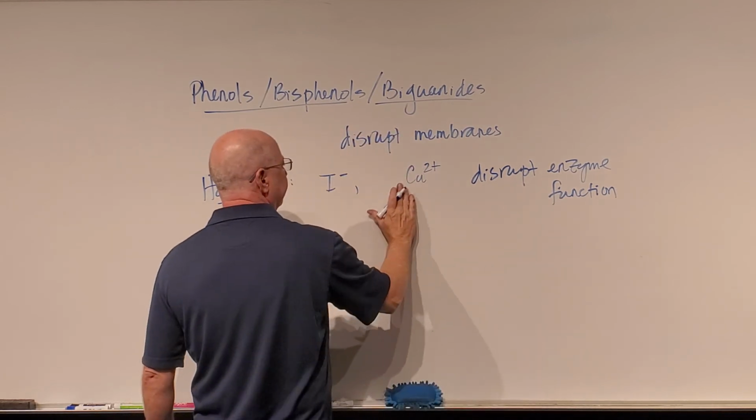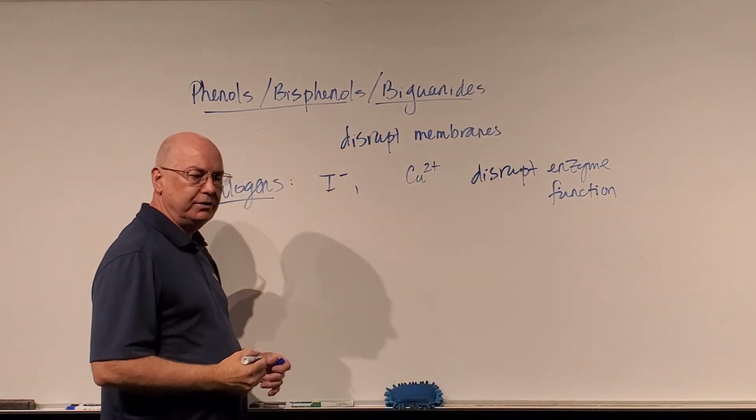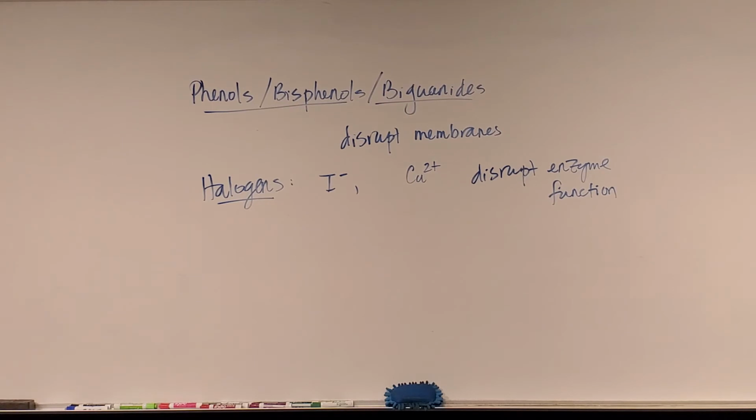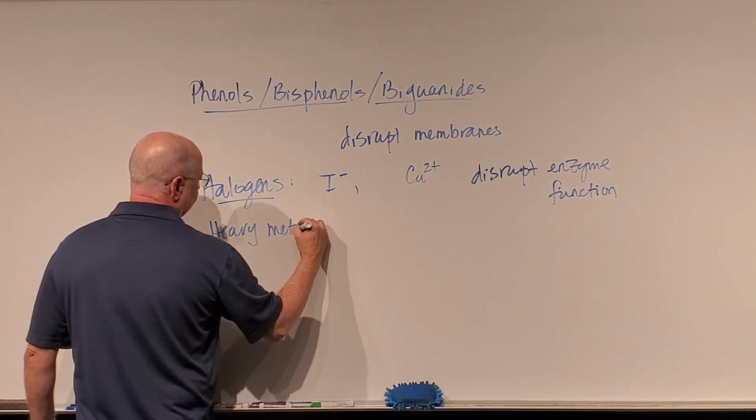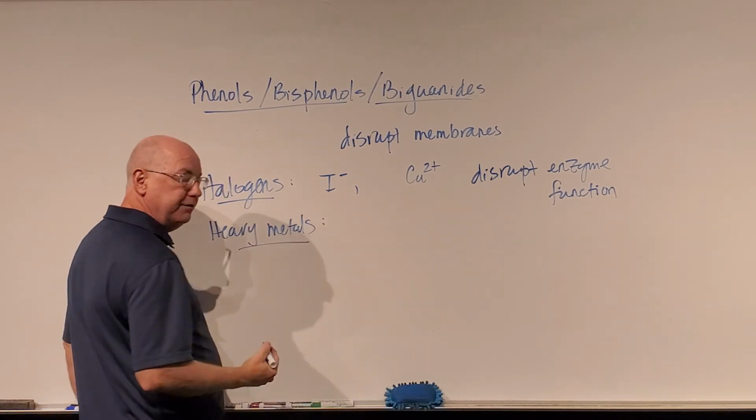Really iron's not a very good one, but iodide, copper, zinc, and a few others, mercury, can disrupt enzyme function. Some of them fall under what we call the heavy metals. They're not exactly halides, but they're known as the heavy metals.